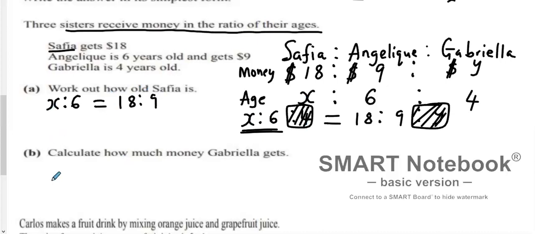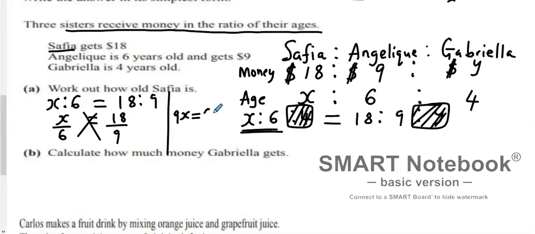Now from here I can figure out the value of X. I'm going to write this ratio as a fraction. So this will be x over 6 equals 18 over 9. Cross multiply, and I end up with 9x equals 6 times 18.